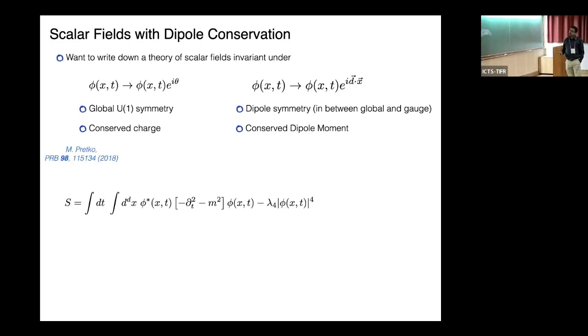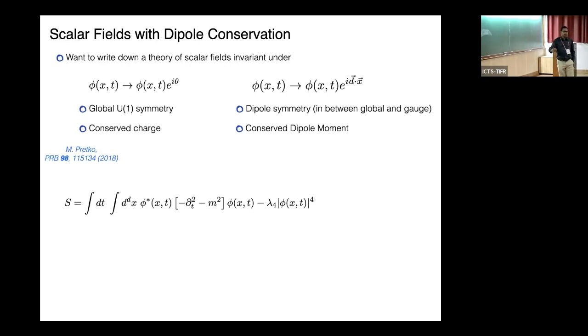Now, this was written down by Pretko in 2018. He wrote down actually two or three different versions of actions which satisfy this. Okay, so you have charged bosonic fields, and this is the quadratic part of the action, and you immediately see one thing, that there's no grad square term, there's no kinetic energy.